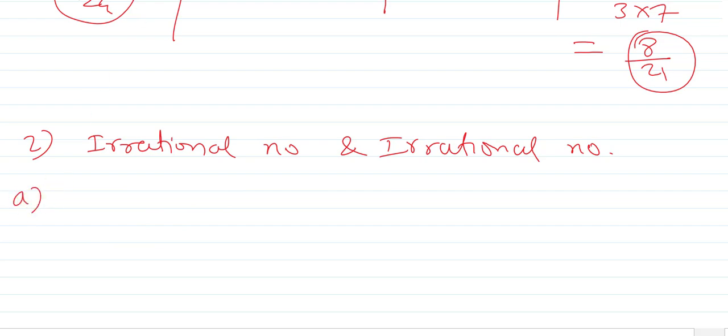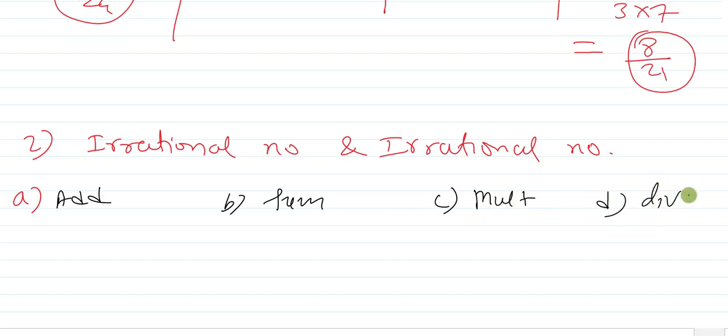Again, first operation will be your addition, second one is your subtraction, third one is your multiplication, fourth one is your division. Okay, so let me make it a column.